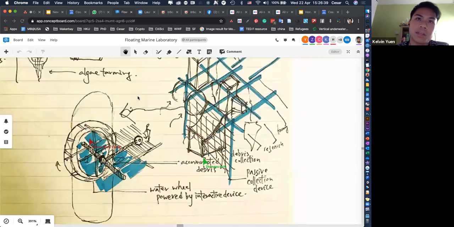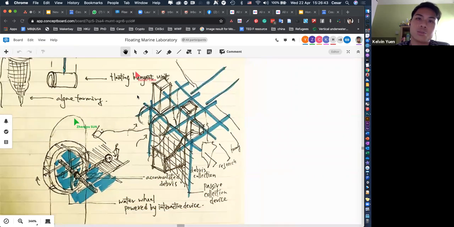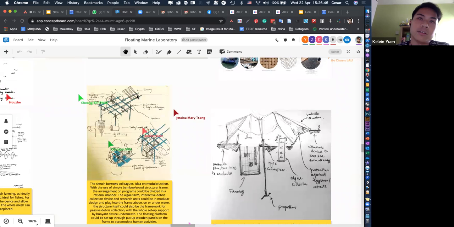They could plug in in a way that in a grid structure like this makes it easier for us to allocate the functions and also the circulation of the whole structure, in which we could set up flooring onto the structure, so that could create some kind of platform over here.